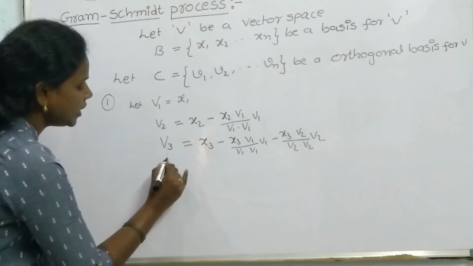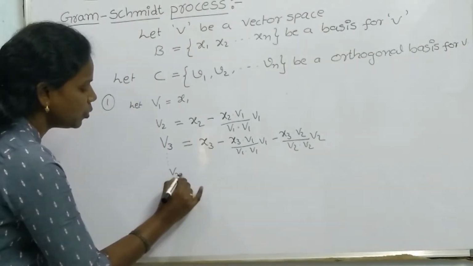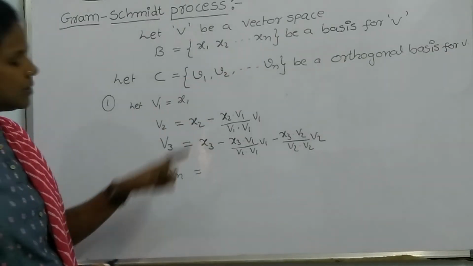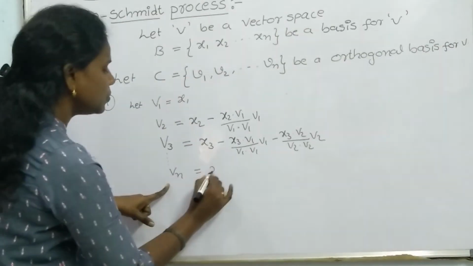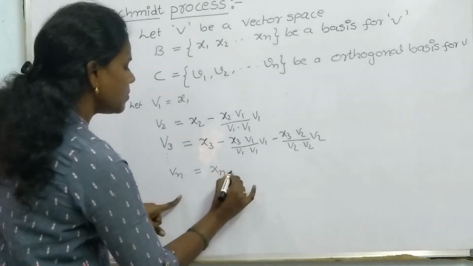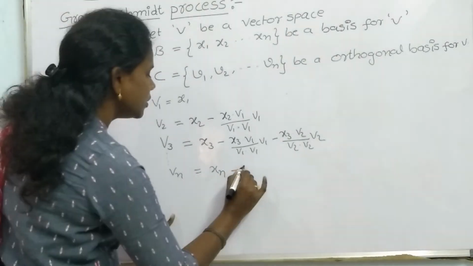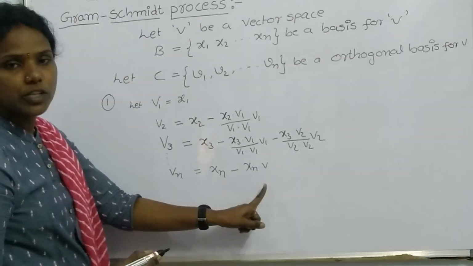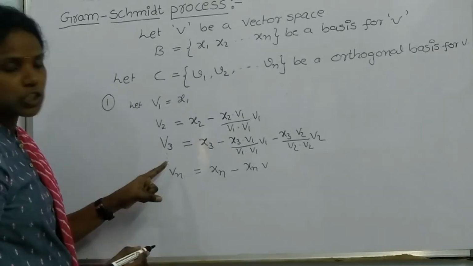Like this, we will continue this process up to Vn. So Vn is the orthogonal vector to Xn. Then Vn equals Xn minus, we have to write these projections up to Vn minus 1.